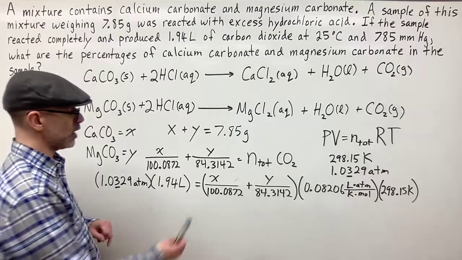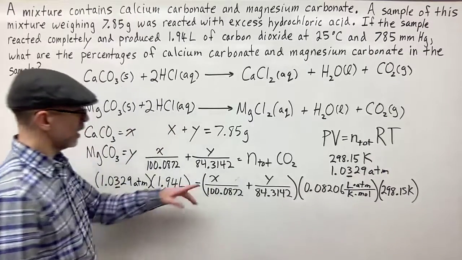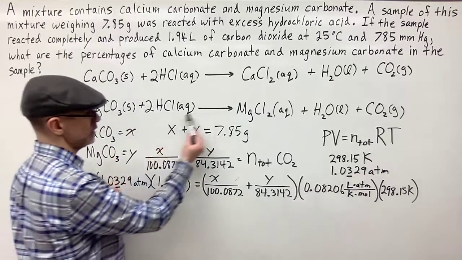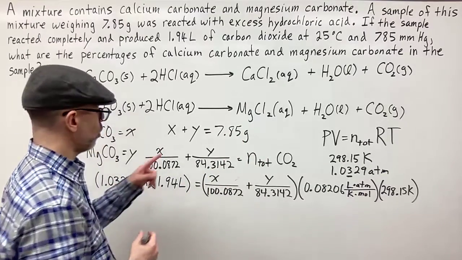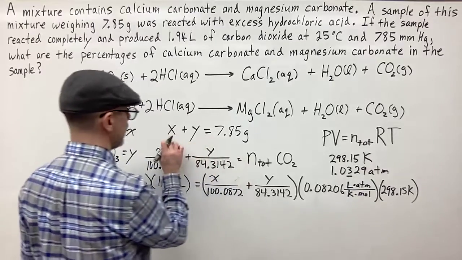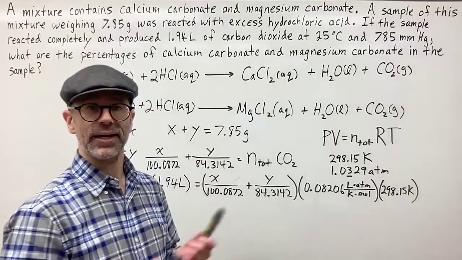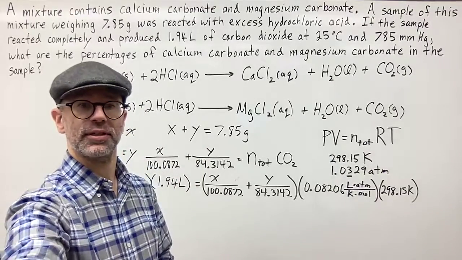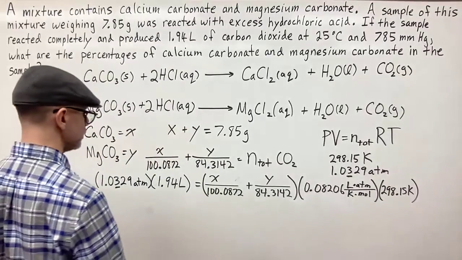And then notice here I got X and Y, but I only have one equation here. So I'm going to now have to use this so that I can solve for one of these and substitute in. So I'll go ahead and solve for Y. So if I subtract X from both sides, then I'll get Y, and then I can substitute. So let's go ahead and do that.